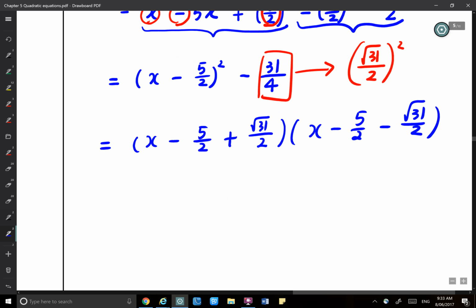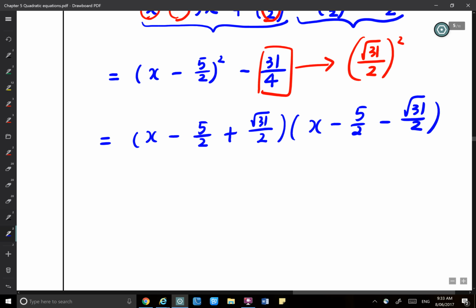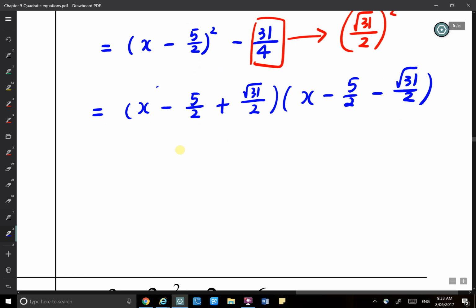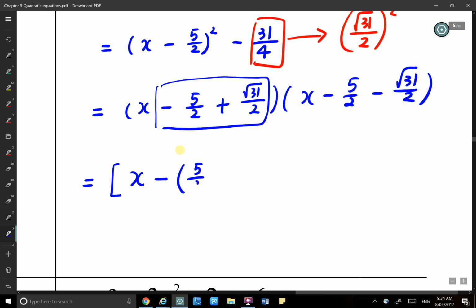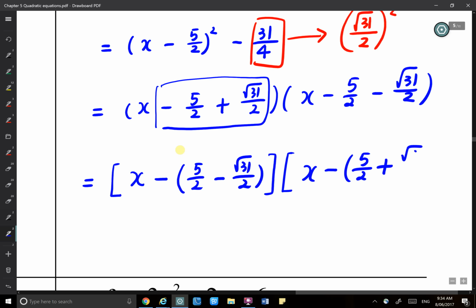Okay, some of you asked me whether I can put those two on the same fraction. Yes, you can do that, but you need to be careful. Let's say we have x, and we want to combine those two terms. That's a minus 5 over 2 plus root 31 over 2. And for the next bracket, I have x minus 5 over 2, that's a minus, and that's a plus.